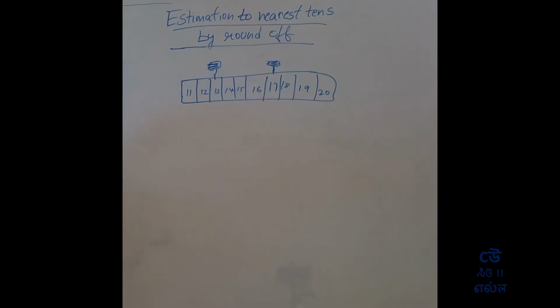Like that only. Here, less than 15, you will round off to the smaller number. So the smaller number you should take again 10. So 10 to 20, there should be 10 numbers, children.